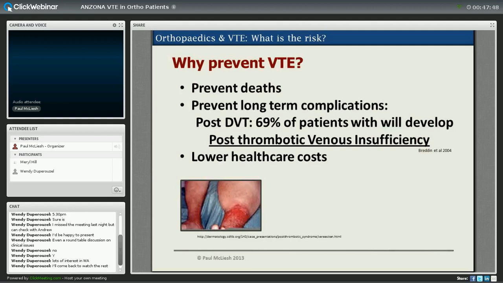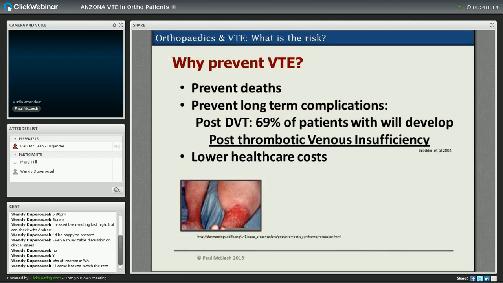So why do we want to prevent VTE? Obviously people are dying from it, so we want to prevent that. But associated with that are long-term complications as well. Some studies have said up to 70% of patients that have a DVT will end up with post-thrombotic venous syndrome afterwards, and that can be quite a debilitating lifelong disease as well.